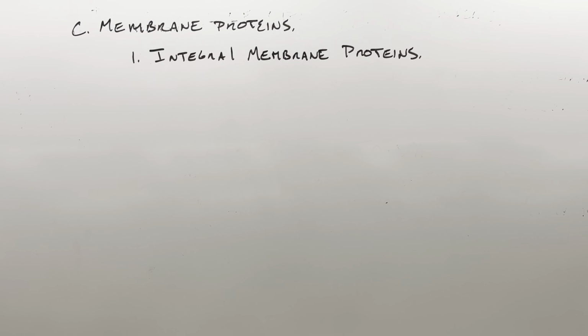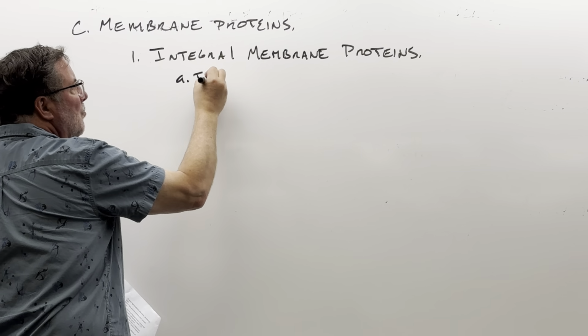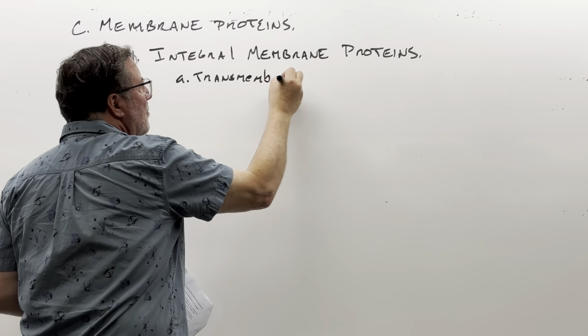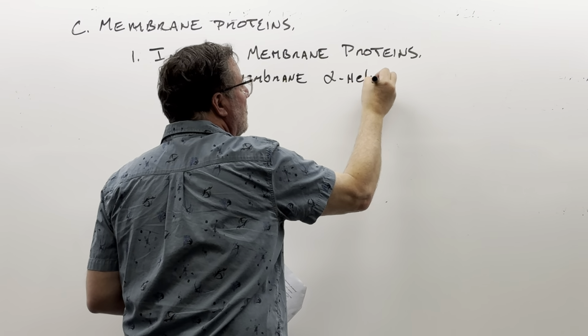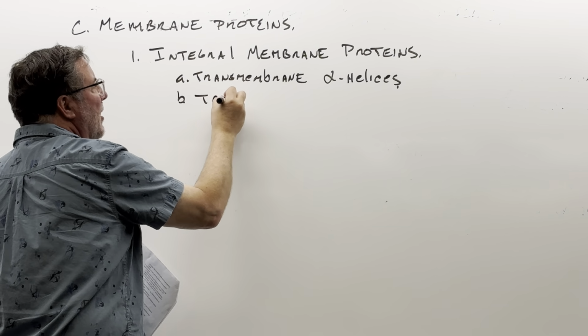And the secondary structural element that'll be associated with that membrane spanning area can be either transmembrane alpha helices or transmembrane beta sheets.